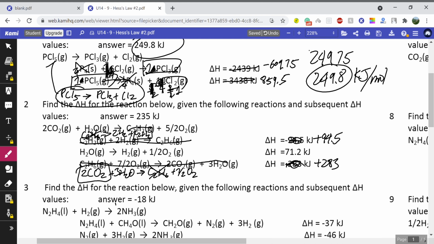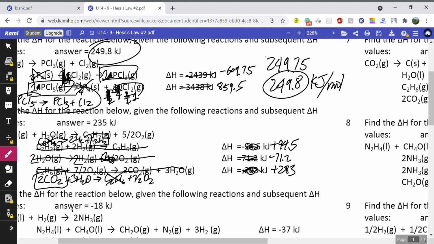Now we have 3 H2O over here, and let's see if there's 1 H2O over here. We want 1 H2O in our final reaction, so we're going to multiply this by 2. Now this 2 H2O is on the left side. We want it to be on the right side so that it can cancel out with our 3 H2O on the left side. So we're going to reverse this reaction as well, making this negative 71.2. But watch out, we also multiply this by 2.